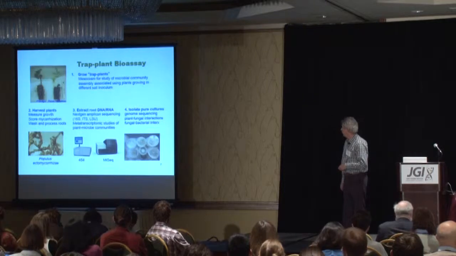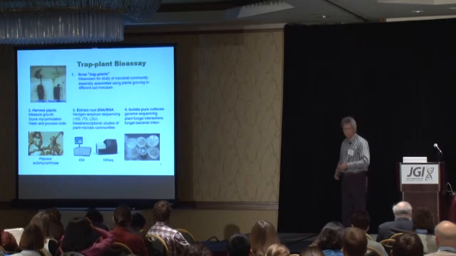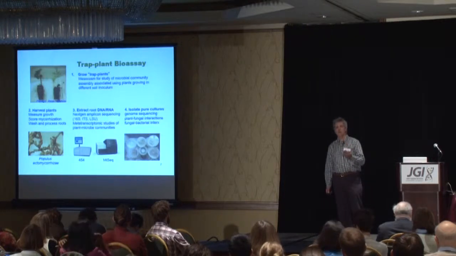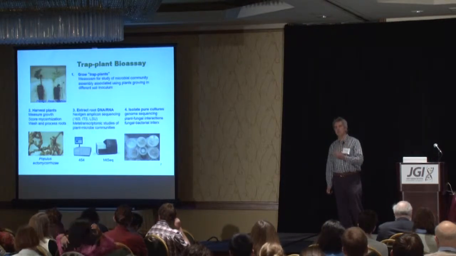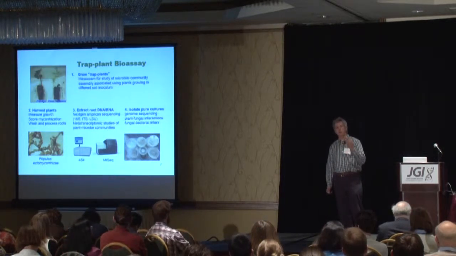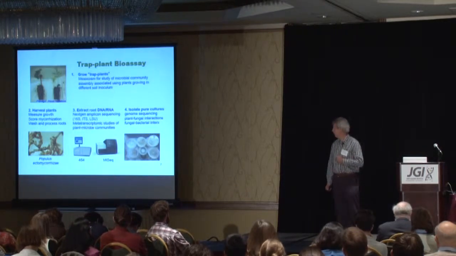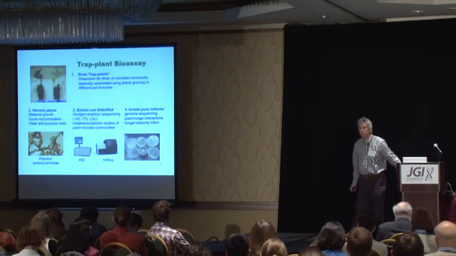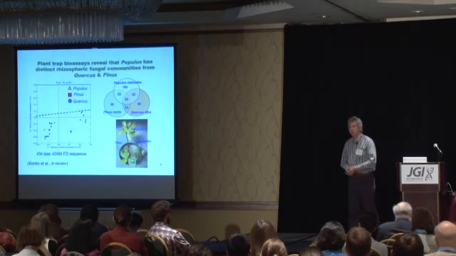And then because we've been isolating fungal cultures, we are also trying to develop systems for looking at Populus fungal interactions. And not just that, but also looking at fungal interactions with the bacteria from these same habitats, same niches. And again, I won't be talking too much about the bacterial interactions.